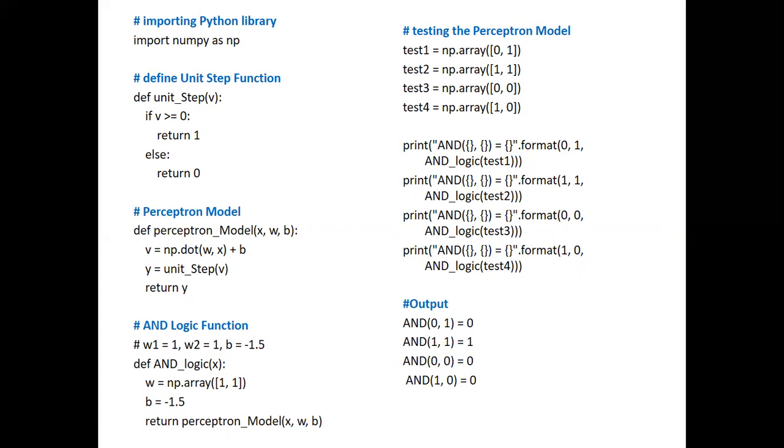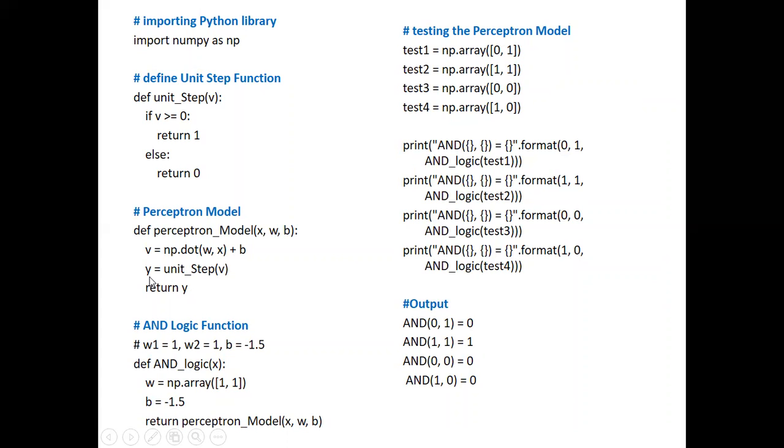What it does, we already saw in the previous lecture. It takes the product of weight and the input and adds a bias to it. So np.dot does the inner product of two vectors, the weight and the input vector, and adds the bias to it. The output is the input function passed to the activation function, that is the unit step function, and it gives you the output.